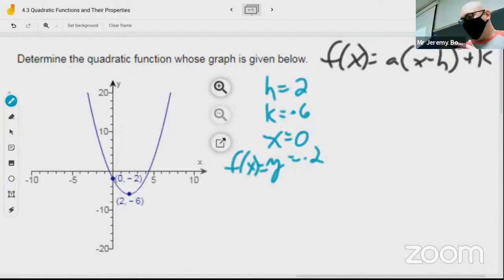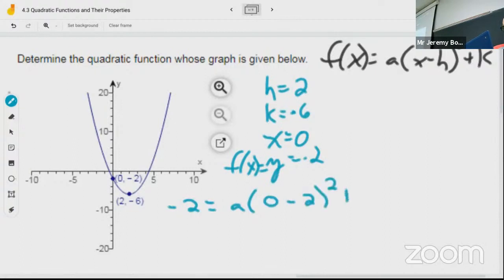And so we're going to plug all that in. We're going to say -2 is equal to a times (0 minus 2) squared plus -6. So we have -2 is going to equal what? 4a minus 6, right?